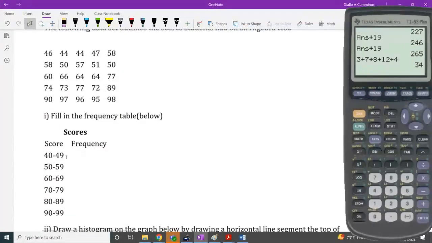So we're going to put this data into the calculator, and we're basically going to put it in order from smallest to largest, and then we're just going to count the frequencies, or count how many numbers fall within these class ranges.